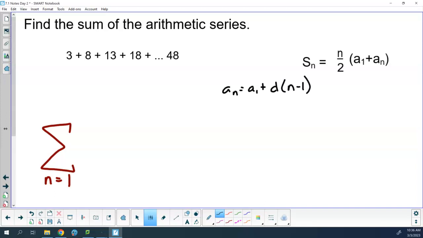And I'm going to say that 48 is equal to 3 plus, I got 5 as my D, times N minus 1. So if I solve the green, that would be 3 plus 5n minus 5. That would be 5n minus 2. Agree? Okay, that's my rule.